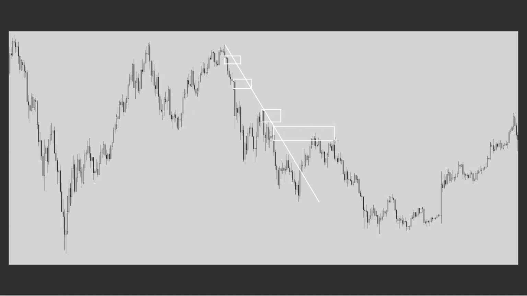So when marking out areas of compression, you need to make sure you're not ignoring untested levels. What you want is for each of these pockets to have already been consumed when you get in the trade. Is that clear enough?